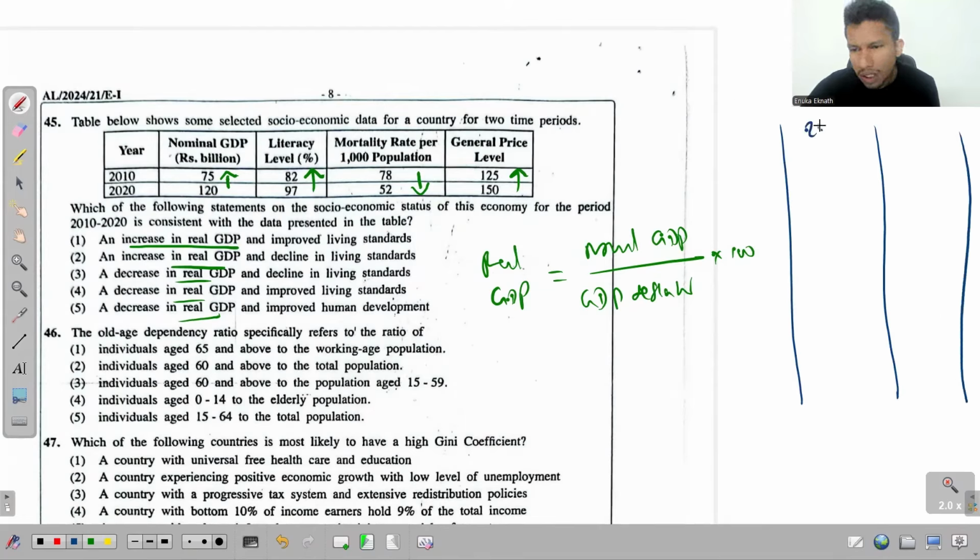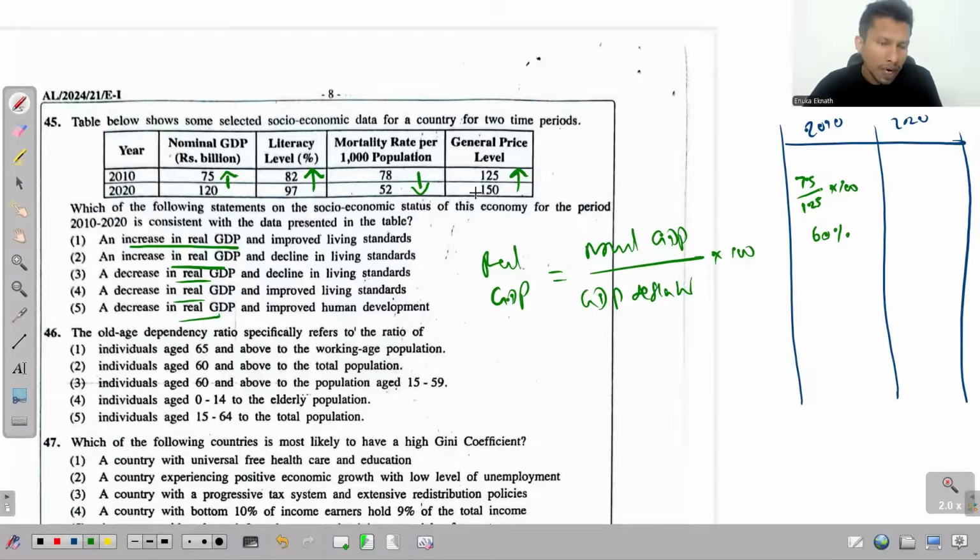In year 2010, the nominal GDP is 75 and the GDP deflator, if not the price level, the general price level is 125, multiplied by 100. So 75 over 125 into 100 gives us 60%.